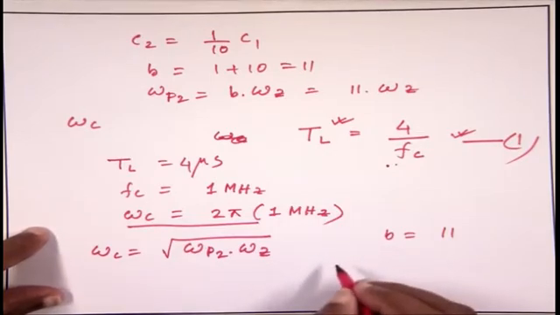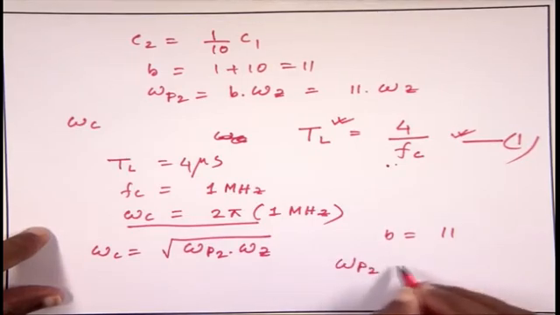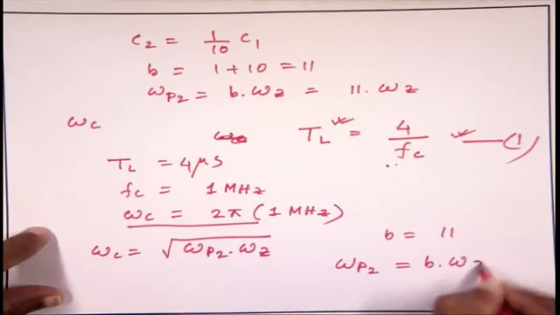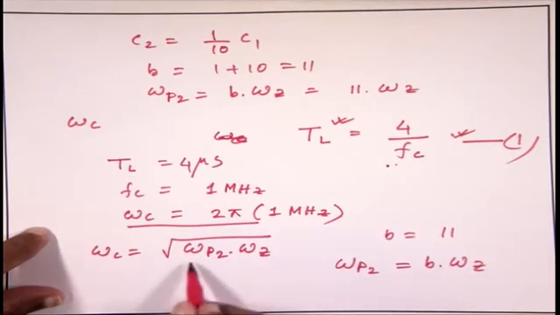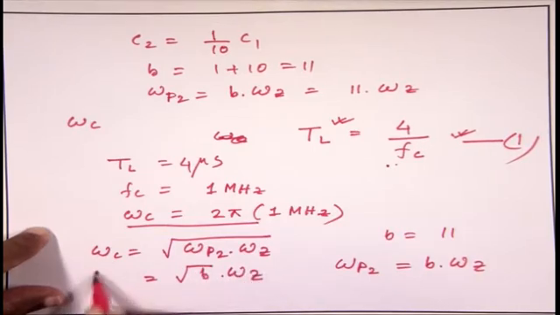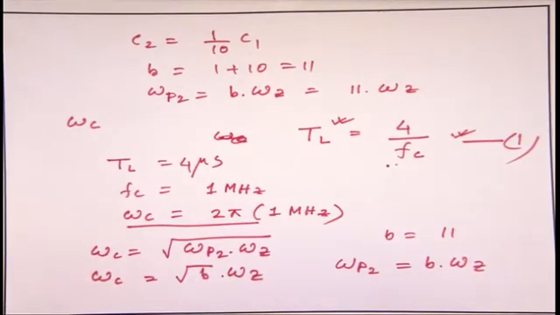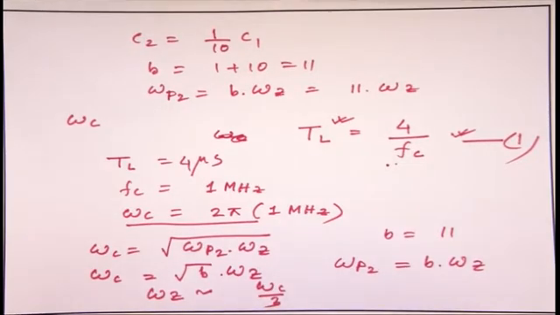Also, I know omega P2 is b into omega Z. If I put that in, with the square root of 11, omega Z is approximately omega C by 3, if I take the C1 by C2 ratio as 10 by 1, only in that case.